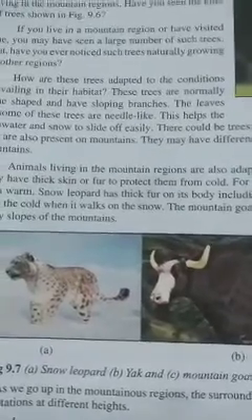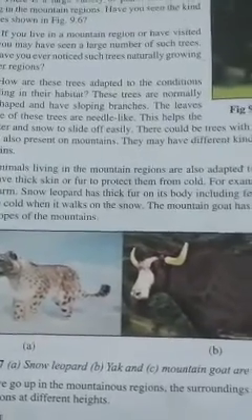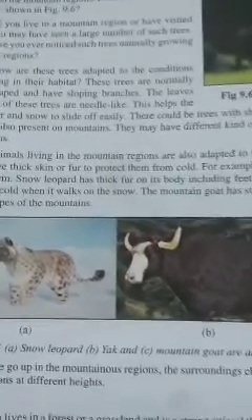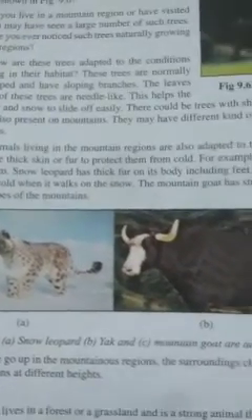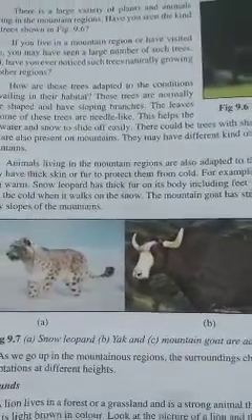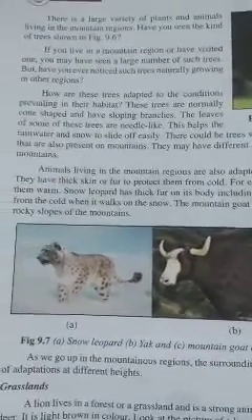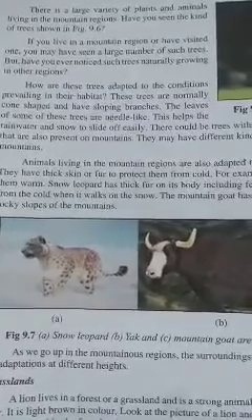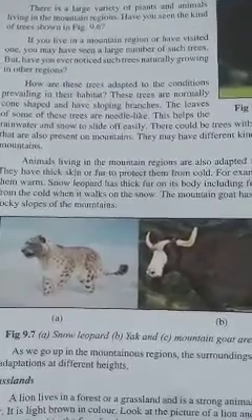Naturally, these trees are normally cone-shaped and have sloping branches. The leaves of some of these trees are needle-like. This helps the rain, water, and snow to slide off easily from the trees.